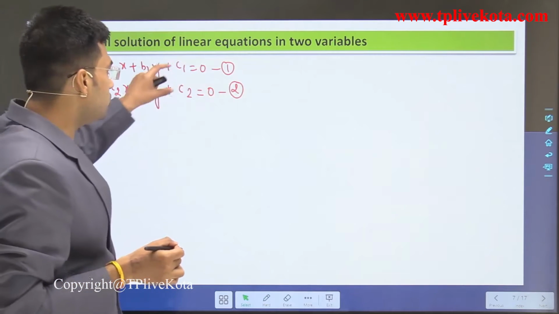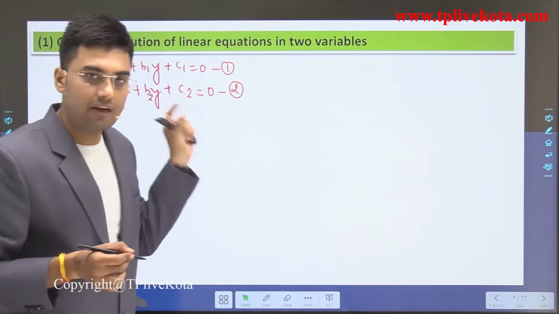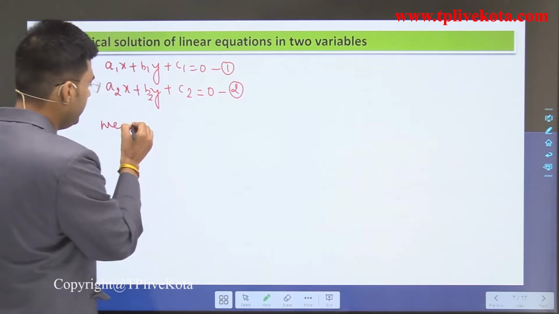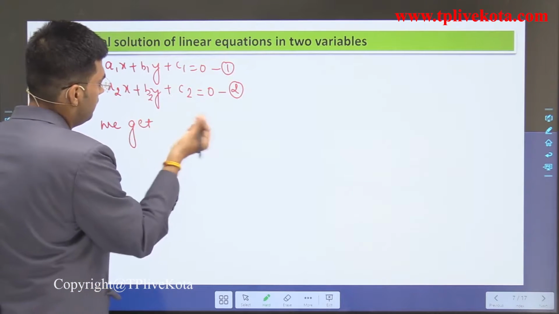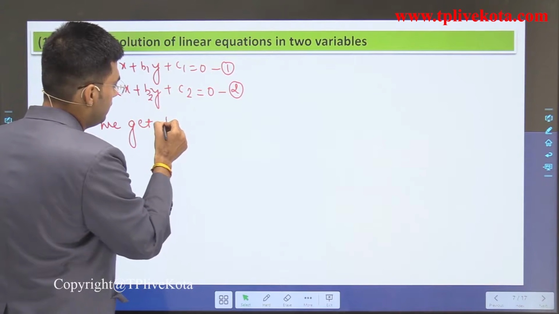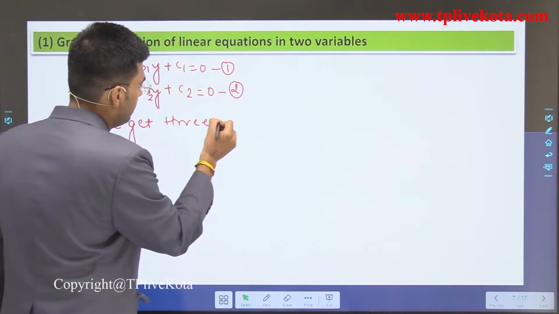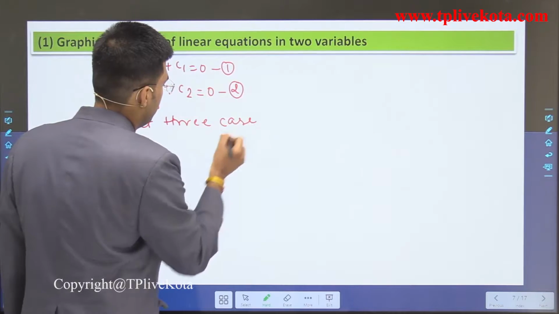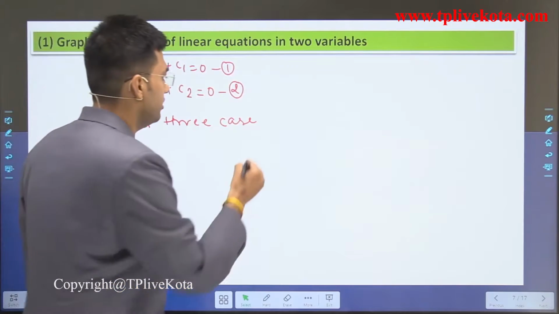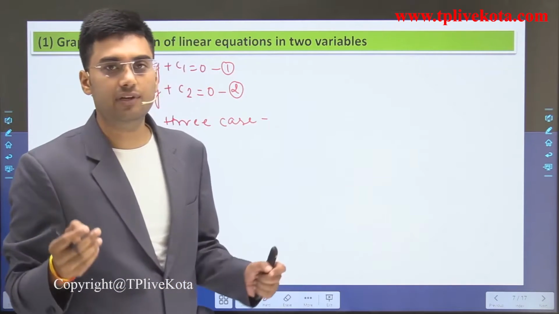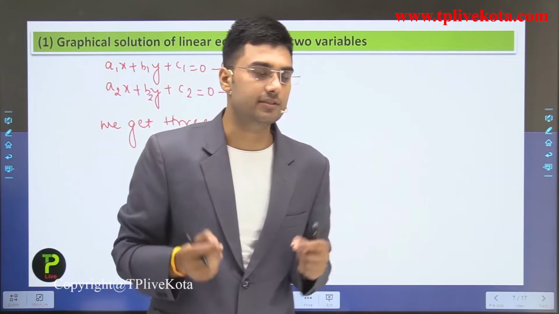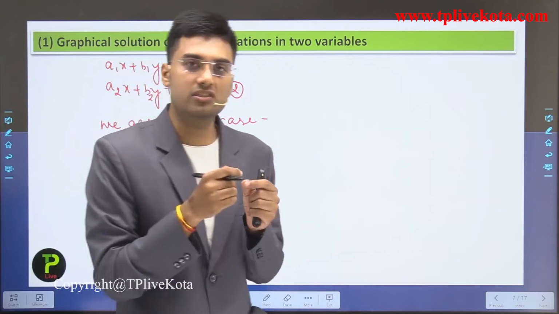Now when we solve these two equations graphically, we get three cases. Let's discuss these three cases.